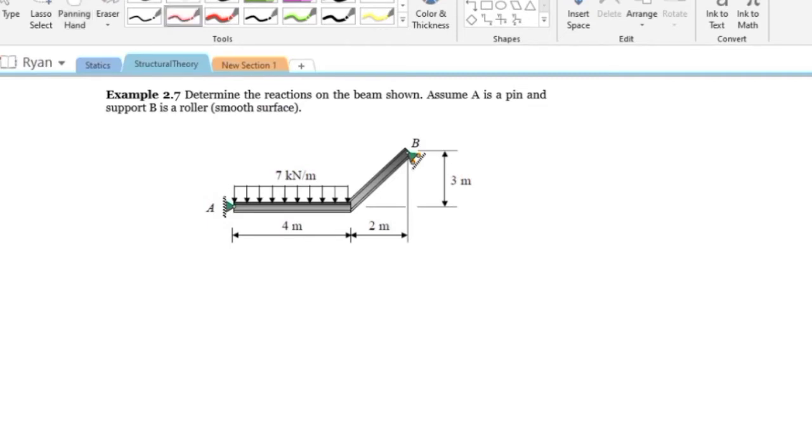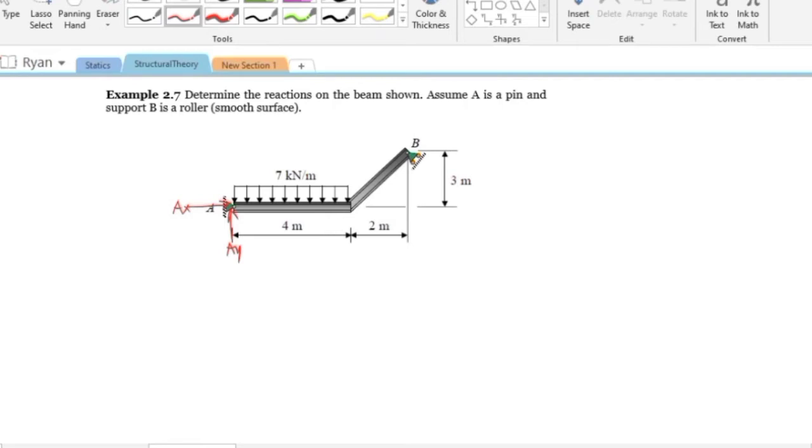So for the reactions, makikita natin dito that at point A, we have here a pin support. So meaning meron tayong dalawang reactions, that is the AX and the AY. At support B, makikita natin dito that we have a roller.